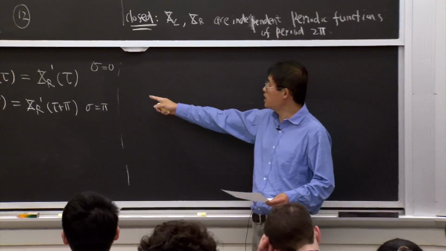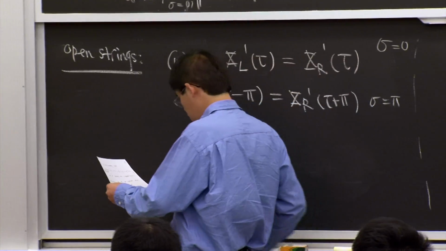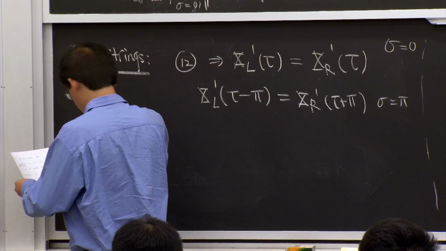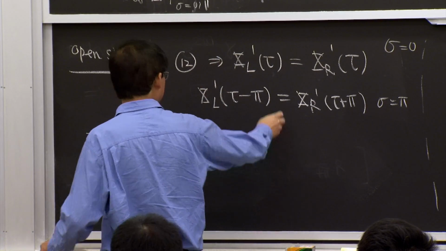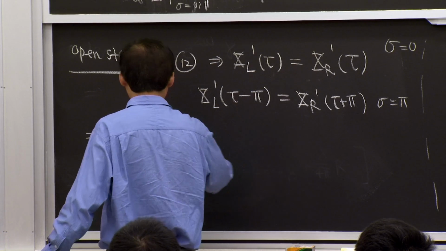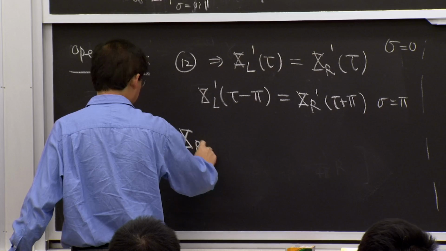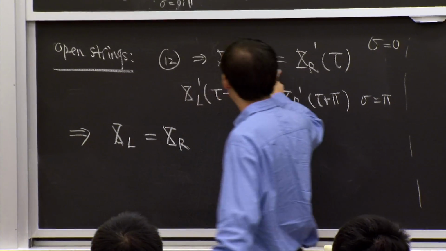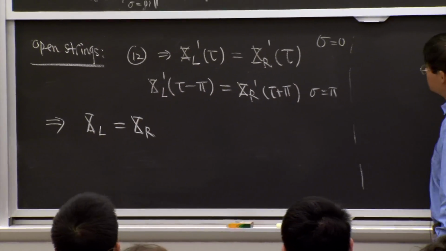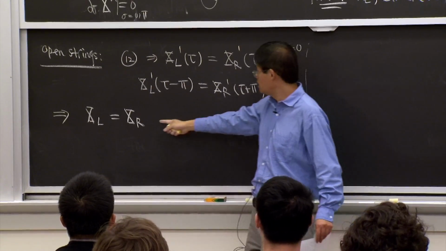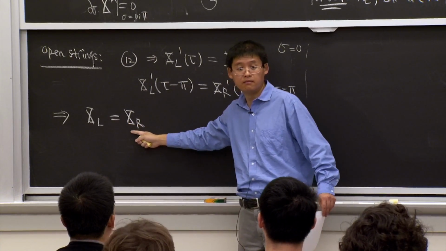Now from here you can find that this equation tells you that XL is essentially equal to XR, up to a constant we can absorb into x mu, for example. Then these two functions should be the same.